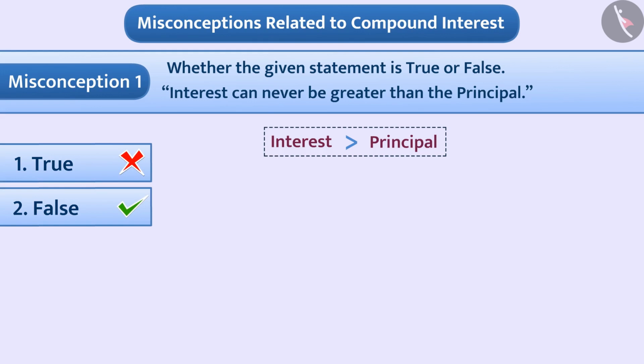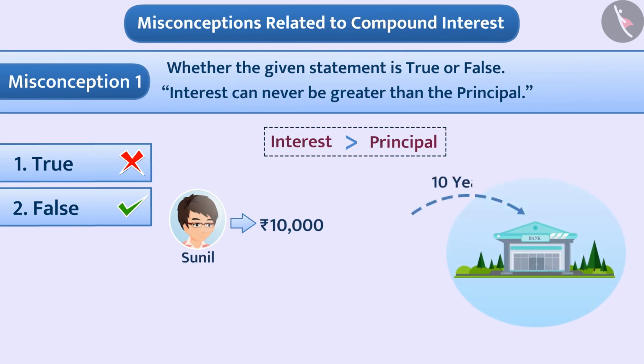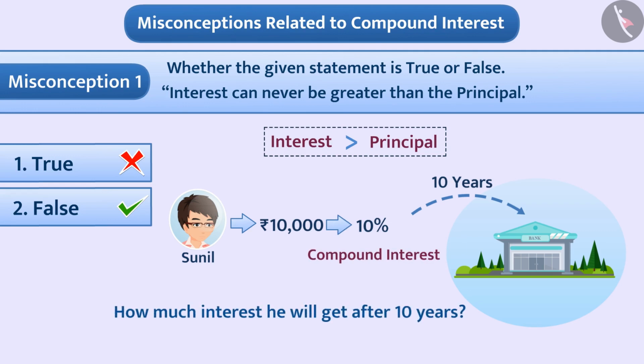Let us understand in which case the amount of interest can be larger than the principal. Suppose Sunil deposits 10,000 rupees in the bank for 10 years at the rate of 10% compound interest. Let's find out how much interest he will get after 10 years.